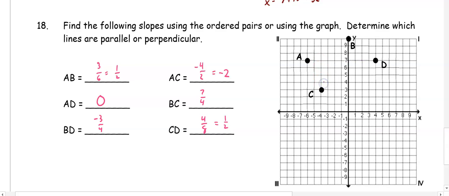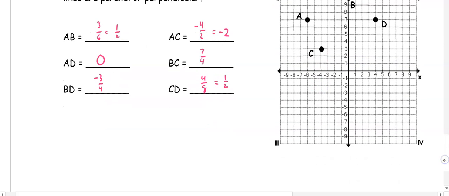If we look at the slopes, remember to be parallel, the lines have to have the same slope. So we would have AB is parallel to CD because the lines have the same slope. And then for perpendicular, we want them to have opposite reciprocals.